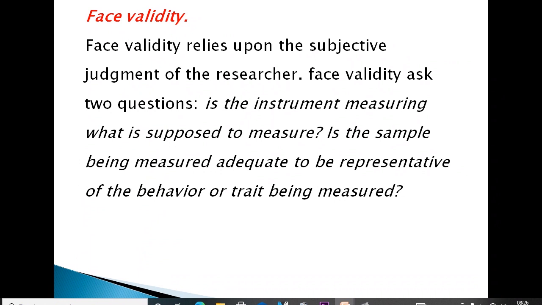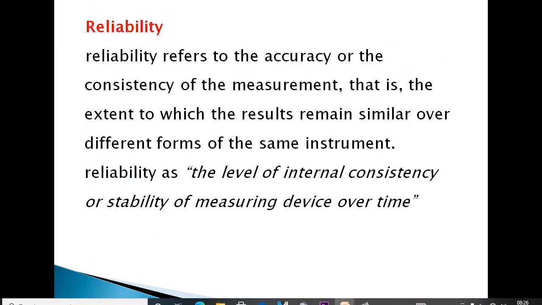Is the sample being measured adequate to be representative of the behavior or trait being measured? By responding to those questions, he can be aware whether his data collection tool is valid or not valid.